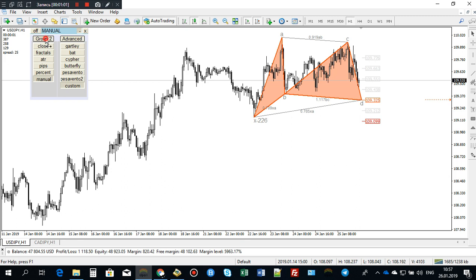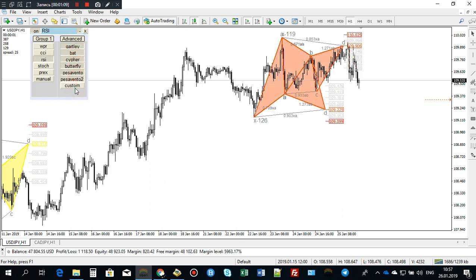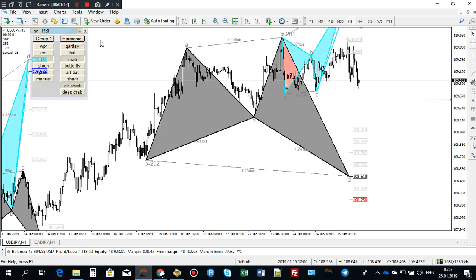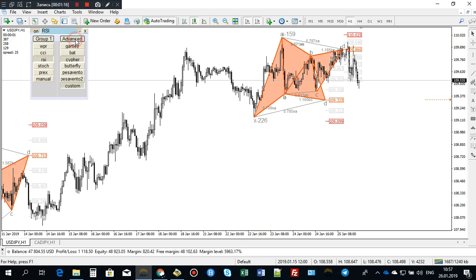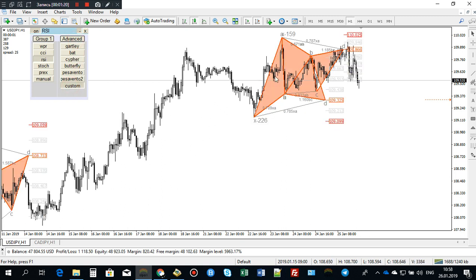And you can also switch the group of patterns, for example, the advanced pattern group, you see the patterns here, or you can switch to harmonic patterns. They are predefined patterns, and if you go here to choose this custom pattern, you can set a pattern of your own. In today's video I will be backtesting this custom pattern.